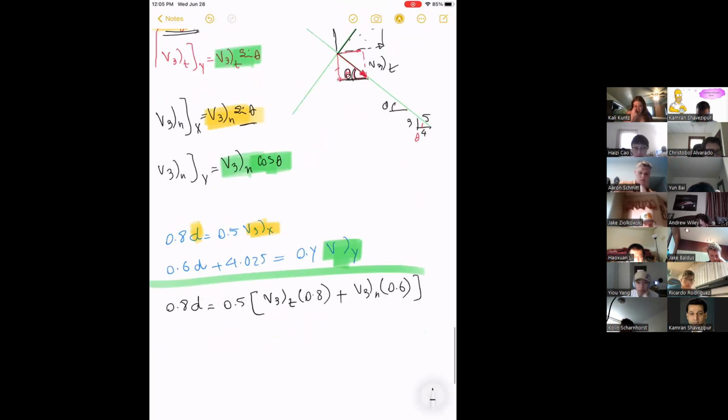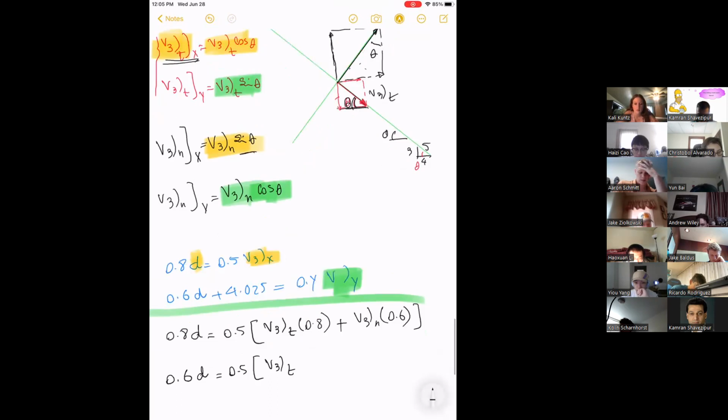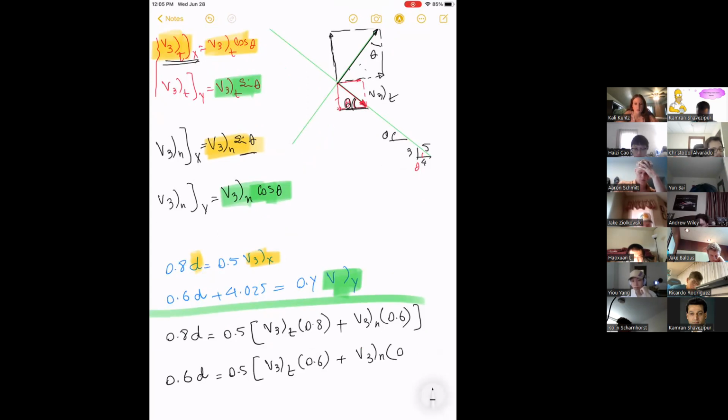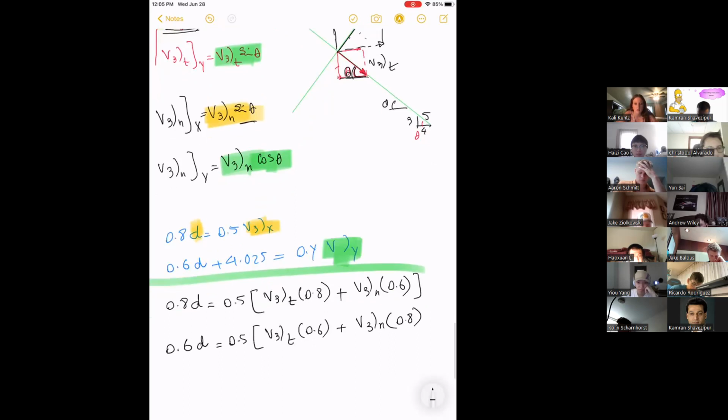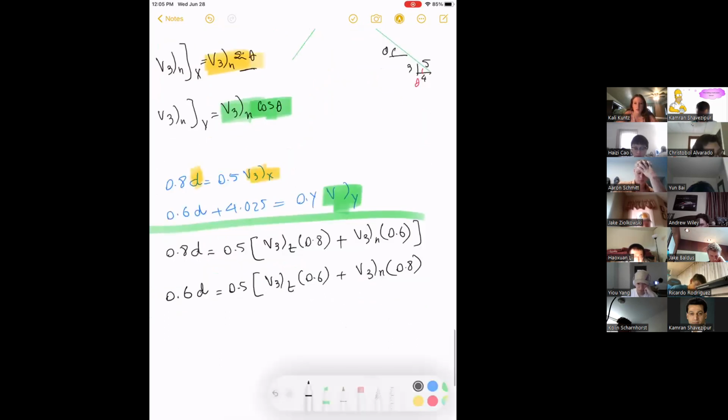And for the second equation, 0.6d is equal to half V3t sine theta, which is 0.6, plus V3n 0.8. And you had another parameter here. Let me just write it down here.